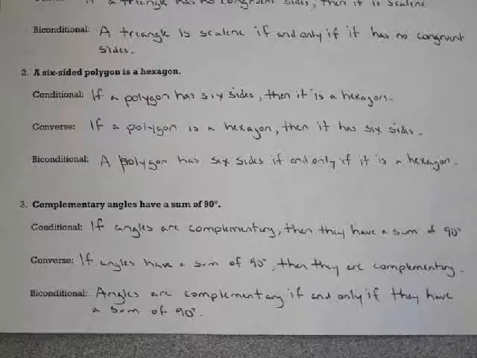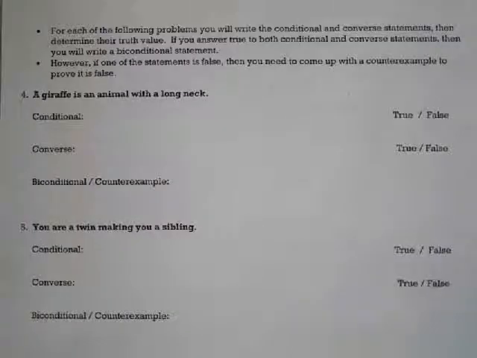Now let's look at what happens if you're not sure if you should write a biconditional. We want to write a conditional statement, the converse, and decide if they're true or false. If they are both true, we can write a biconditional. If one of them is false, then we will show a counterexample. So our first example: a giraffe is an animal with a long neck.